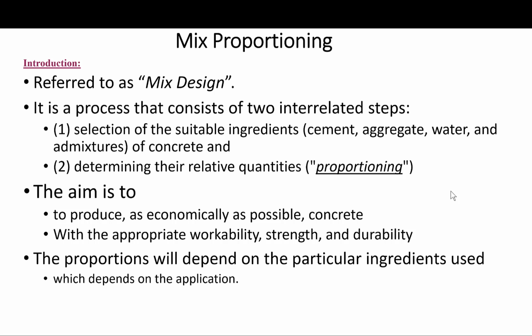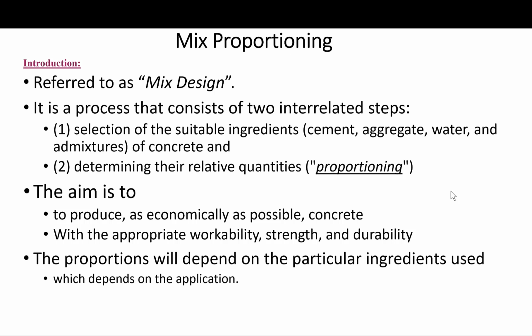The proportioning of concrete mixture, or more commonly referred to as mix design, is a process that consists of two interrelated steps. First, the selection of the suitable ingredients, which are cement, aggregate, water, and maybe admixtures.